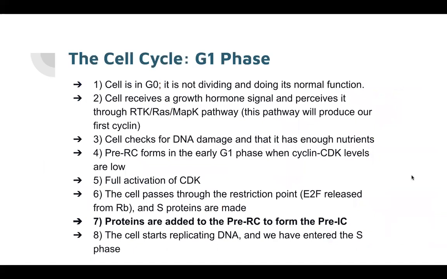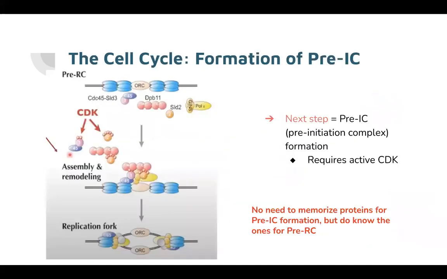So now we'll talk about proteins that are added to the pre-RC to form the pre-IC. All right, so we formed the pre-RC in the beginning of G1 when CDK levels were low.